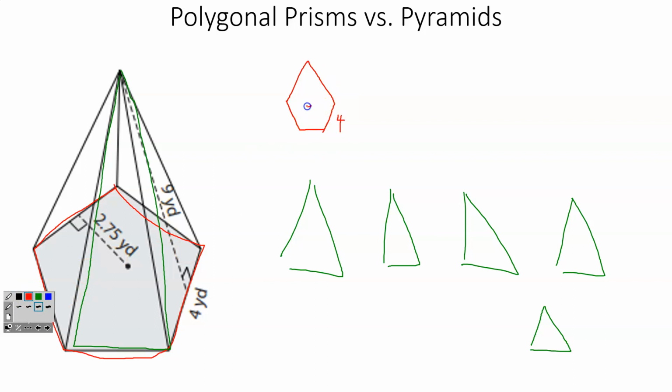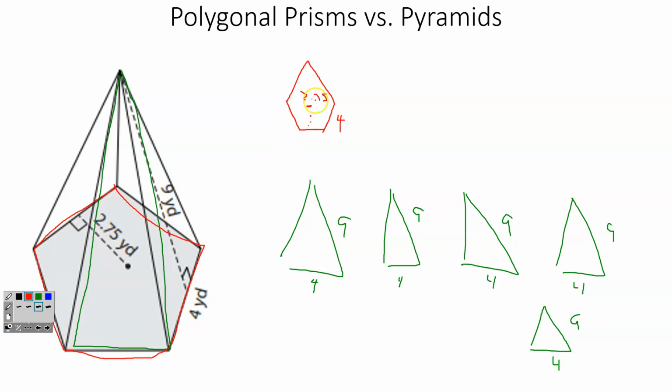My apothem is 2.75. For my triangles, the base measures 4. The height measures 9. So all of these are going to be 4 by 9. So again, I think this is the hardest part, just having to label all of them, because I think the math is pretty basic.